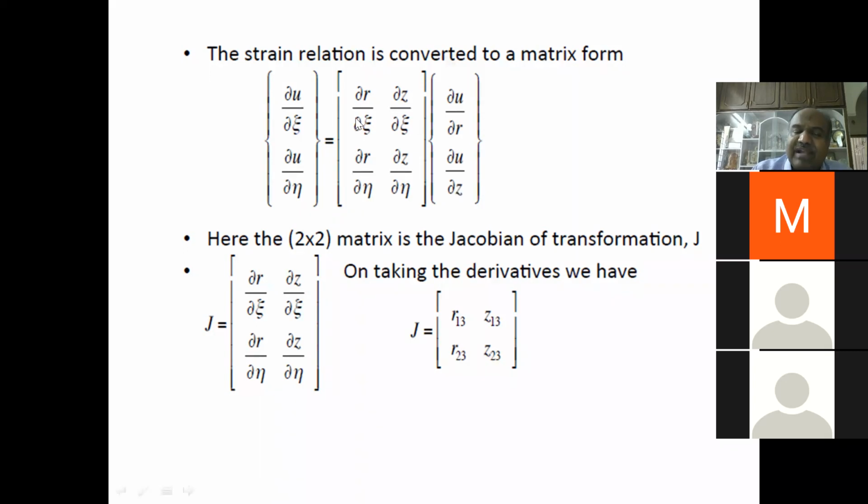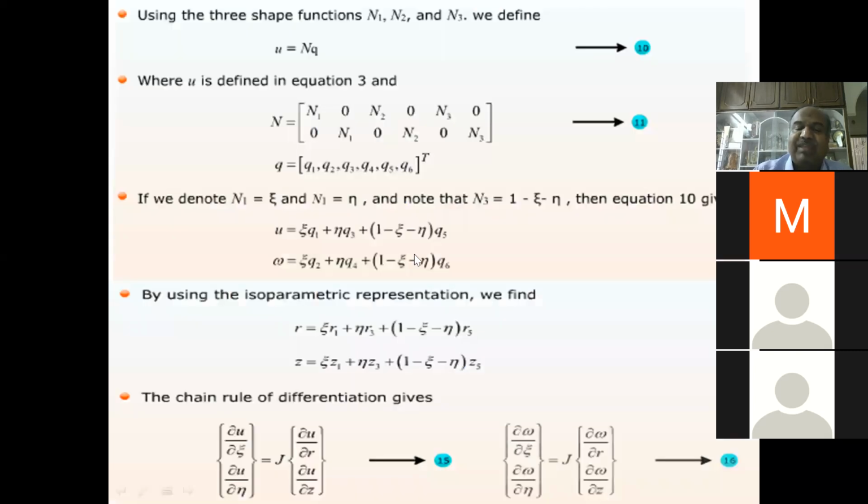This matrix we call the Jacobian, and ∂r/∂xi, ∂z/∂xi, ∂r/∂eta, ∂z/∂eta you can get from that equation.